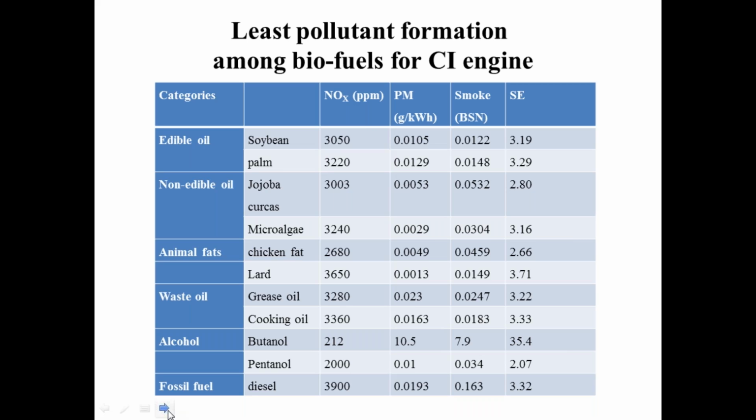Then there are animal fats, chicken fat and lard. Then waste oils, grease oil and cooking oil. Then alcohols, that is butanol and pentanol. And the last one is the fossil fuel, that is diesel fuel. In this slide I have taken only two biodiesels; in the previous slide I have shown all the values.